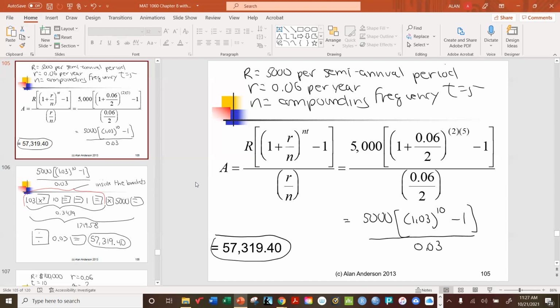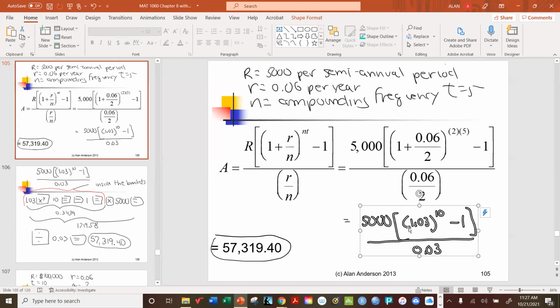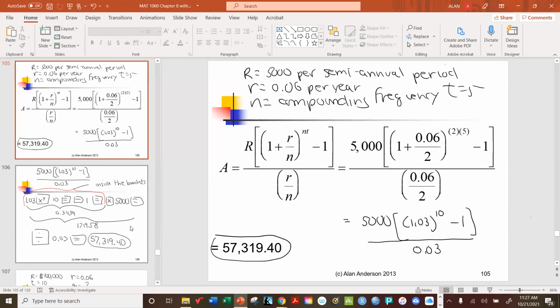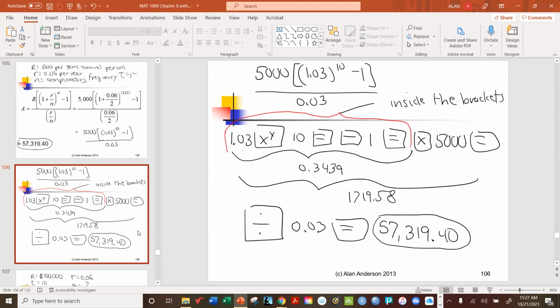So assuming that you've done all the simplification and you're down here now, this is what you would do. Following my advice of doing the 1.03 to the 10th first, this is what you would do. The 1.03 is raised to the 10th, equals, minus 1, equals.